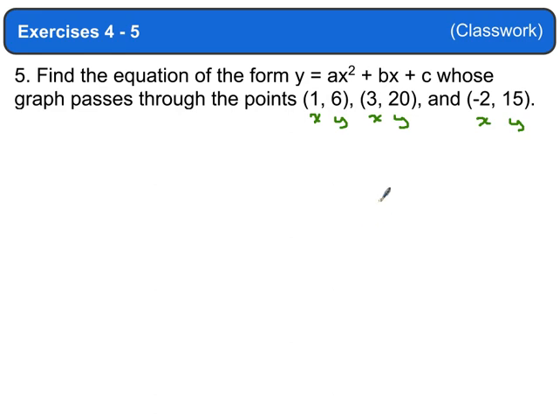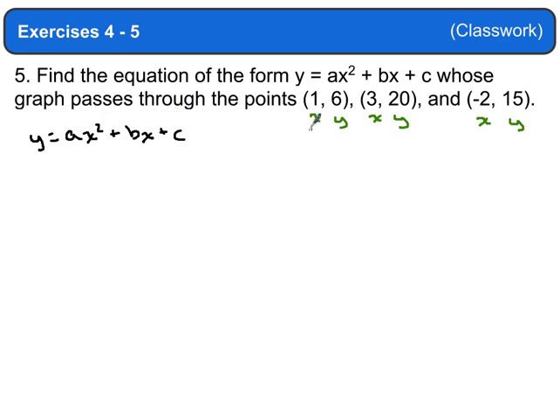The reason why that's important is we're going to write 3 equations. We're going to actually create that system. It says y equals ax squared plus bx plus c. The a, b's, and c's are what's going to actually be missing and what we're going to actually plug in.